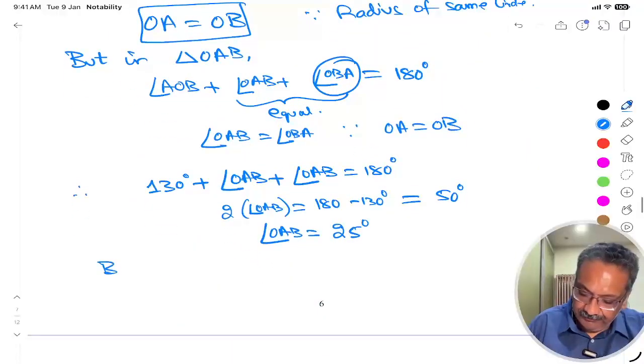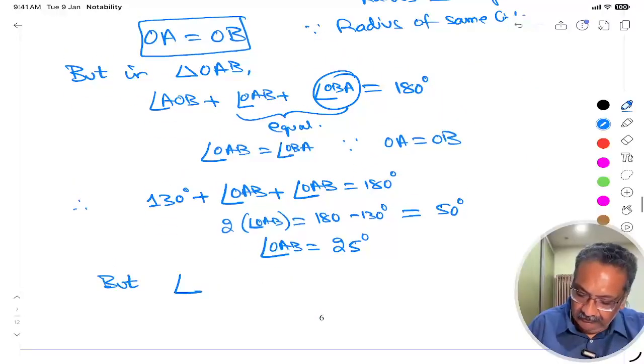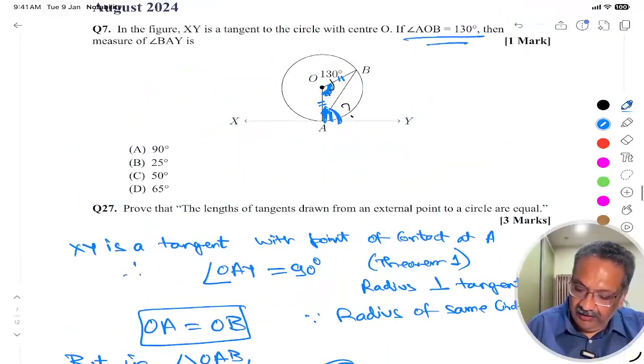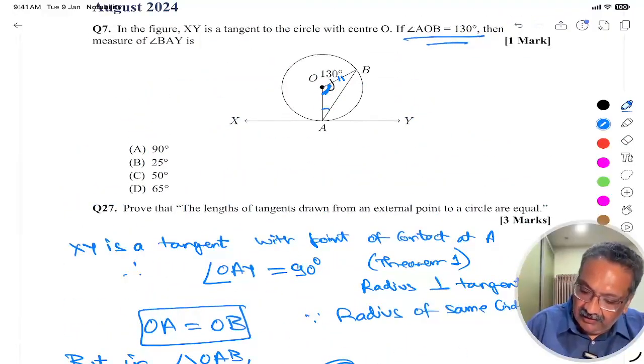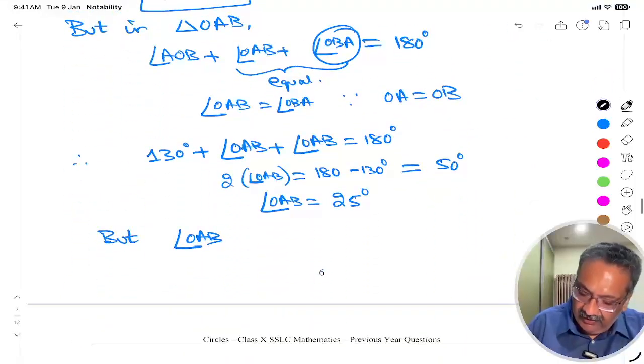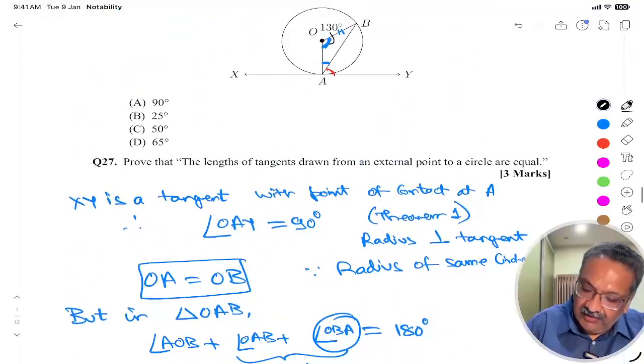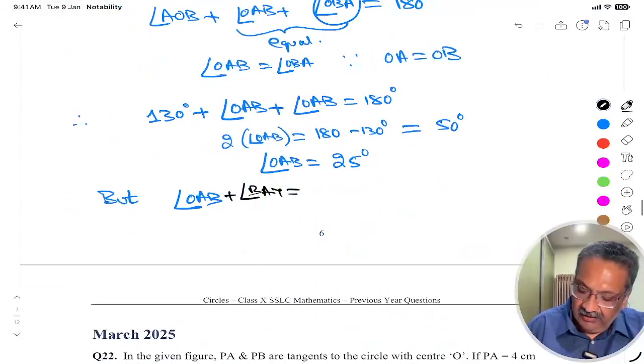But angle OAB, this angle, plus this angle, that is angle BAY, together becomes angle OAY.